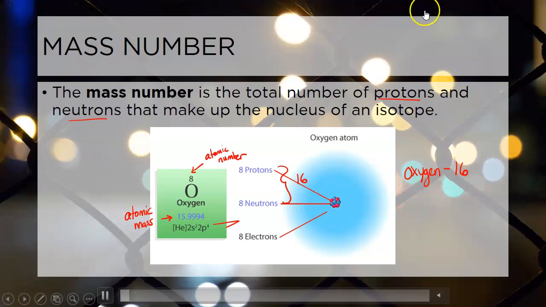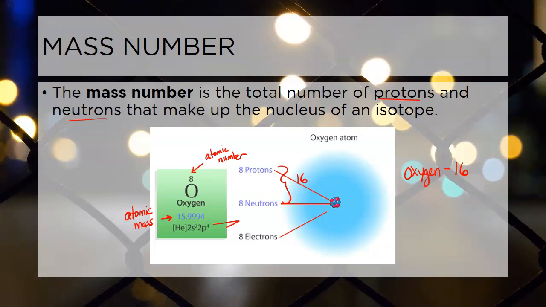So there's a lot going on here. I need to clarify something because this picture is actually showing the atomic mass, which is an average of all the mass numbers. But the mass number is just an integer. Anything that ends in number, when we're talking chemistry here, the atomic number is an integer. The mass number is also an integer.